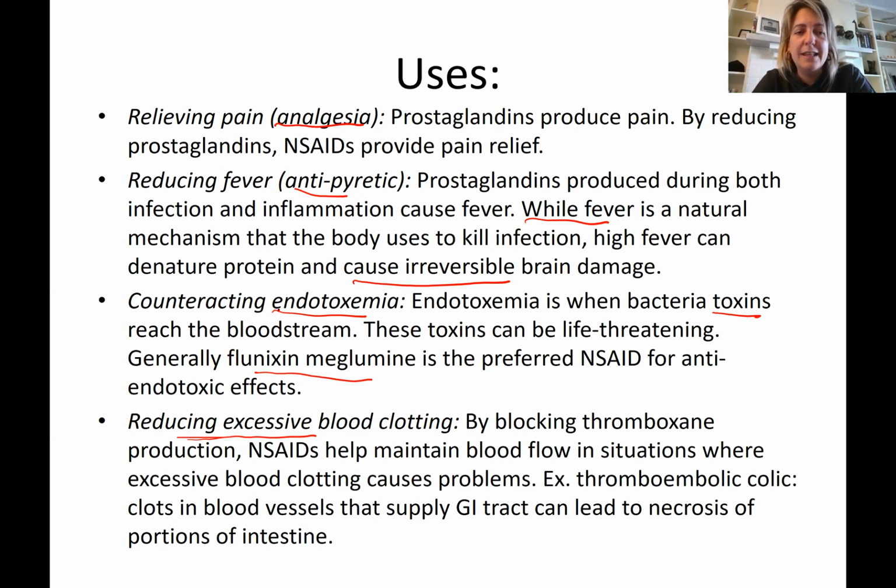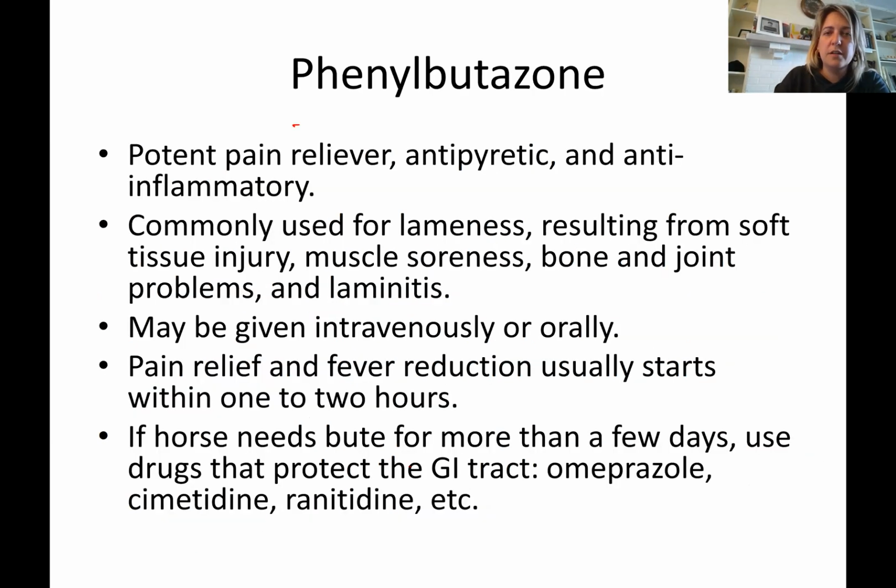Banamine, and even low-dose aspirin, but Banamine is the drug of choice, is going to combat that. It maintains blood flow in situations where excessive blood clotting may be causing a problem. Okay, so these are the uses of these particular drugs.